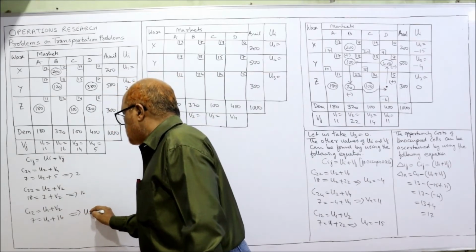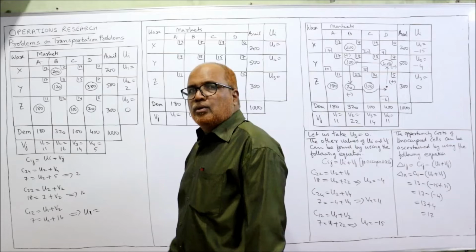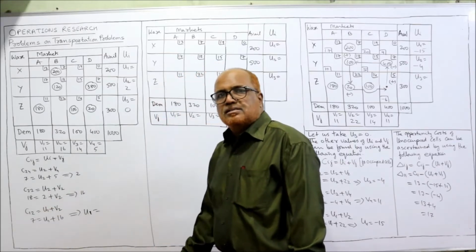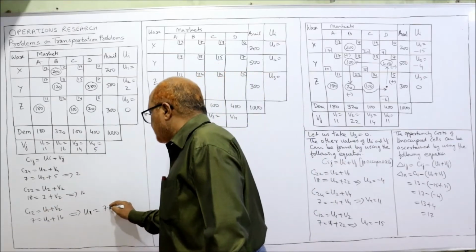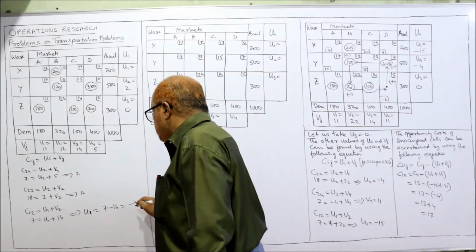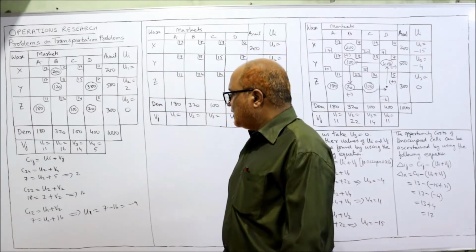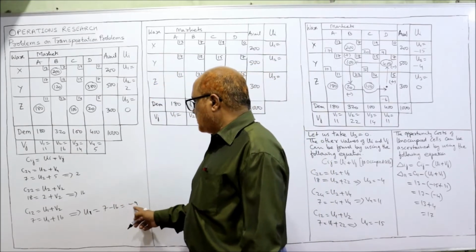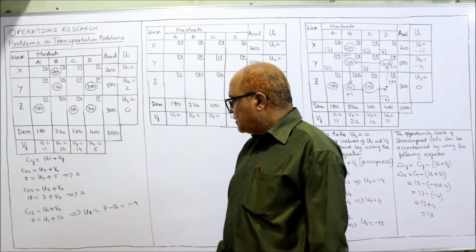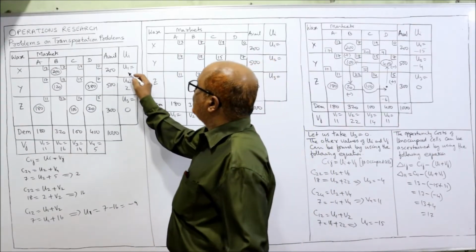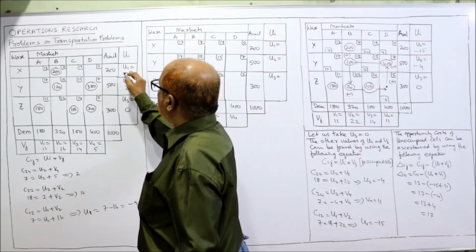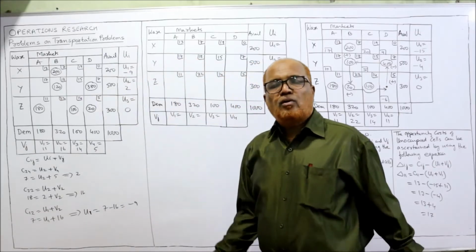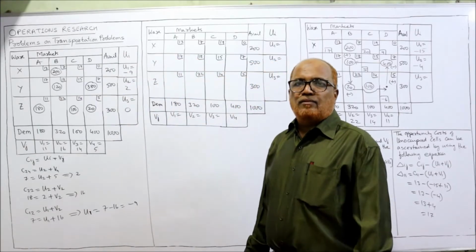So U1 is equal to, take this 16 to LHS. So 7 minus 16 is minus 9. So we got minus 9 for U1. Here we take minus 9. That's all. We got all the values of UI and VJ.